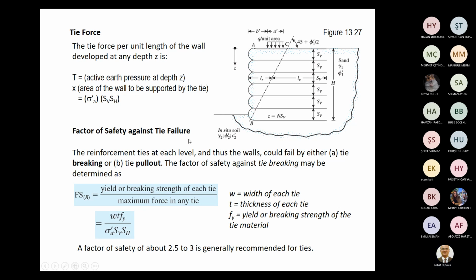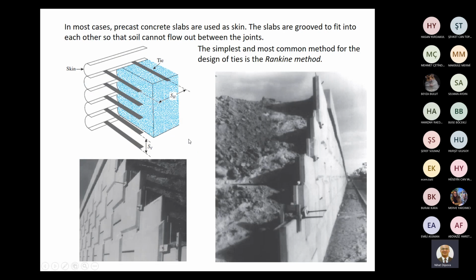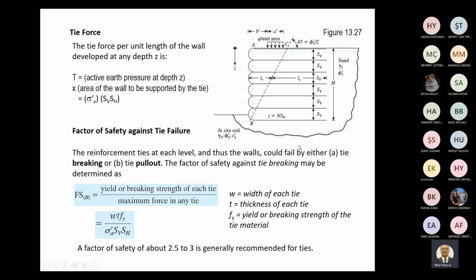If a rectangular facing element is used, such as shown here, the area of the facing element multiplied by horizontal earth pressure, active earth pressure, will be equal to tie force for every reinforcing element.